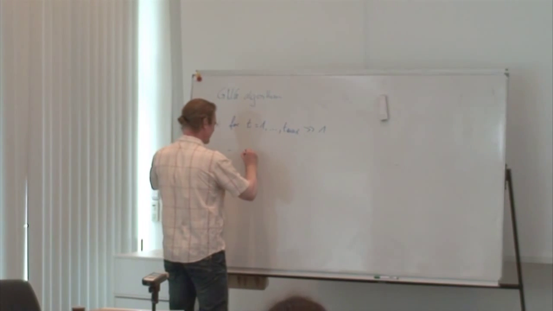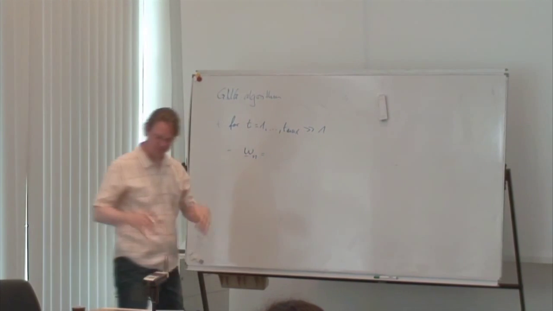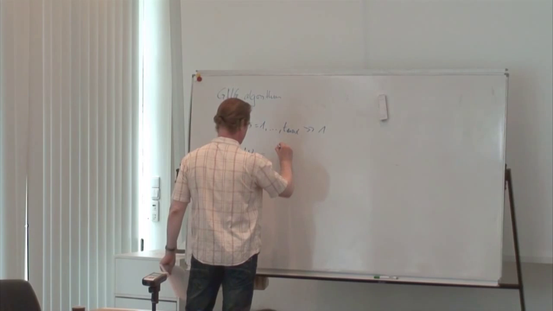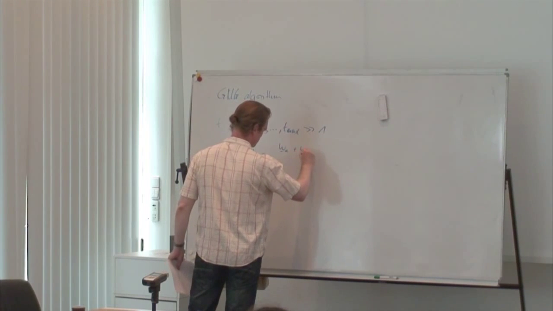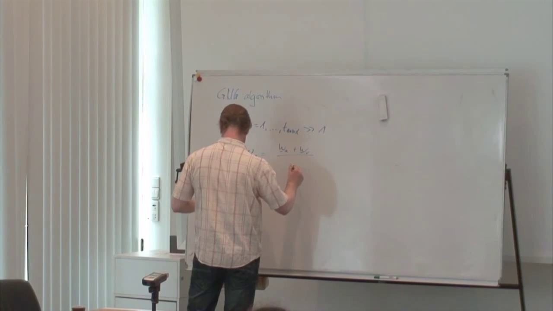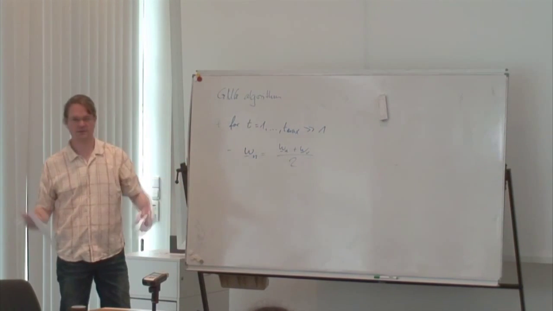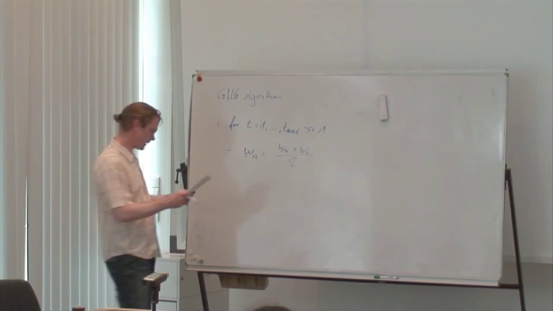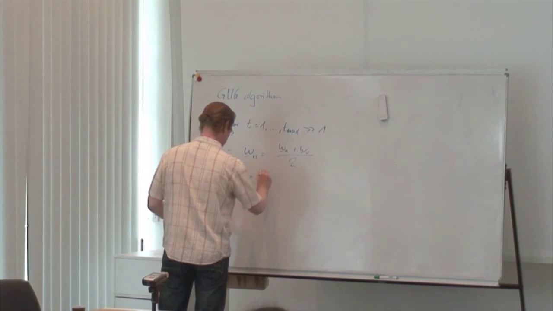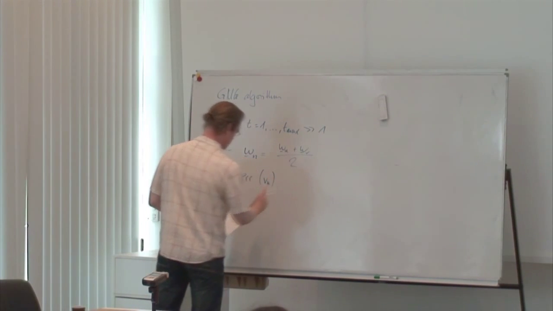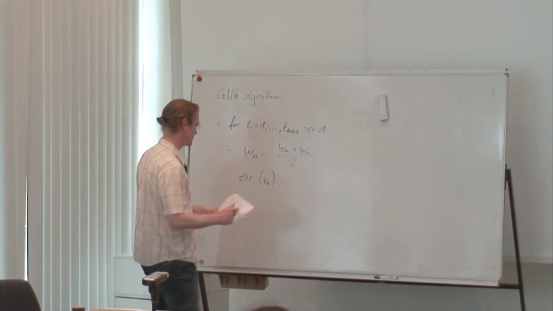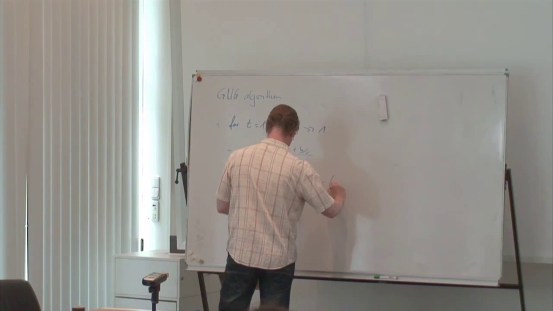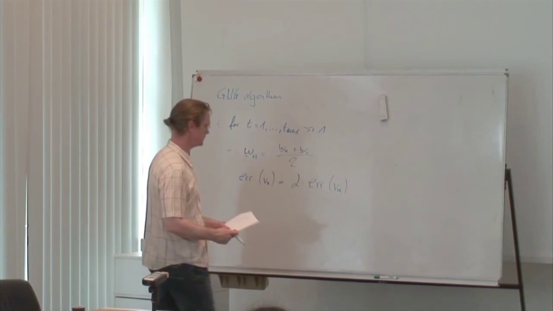So then we set Wn, the weight vector of this new node, to the weight of U plus the weight of V, divided by 2. So it's exactly in between the node with the largest error and its neighbor with the largest error. And we set the error of this node with the largest error, Vu, to some constant alpha times the previous error value.